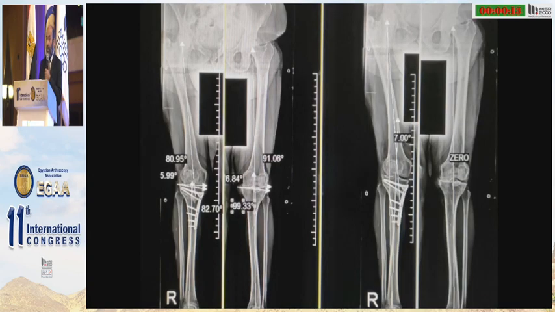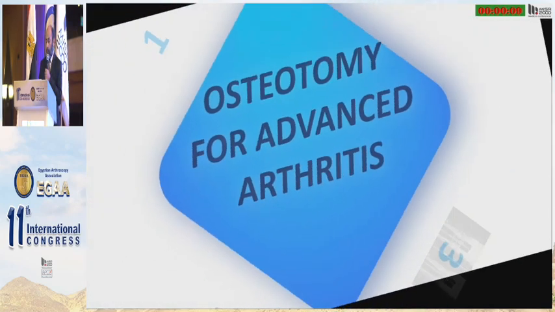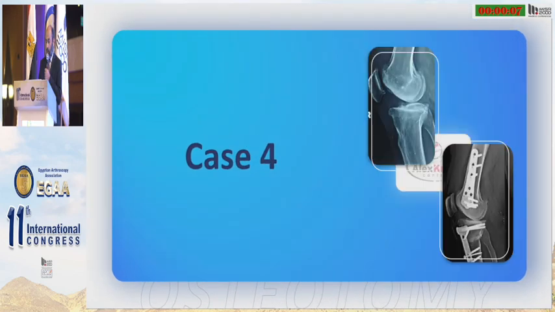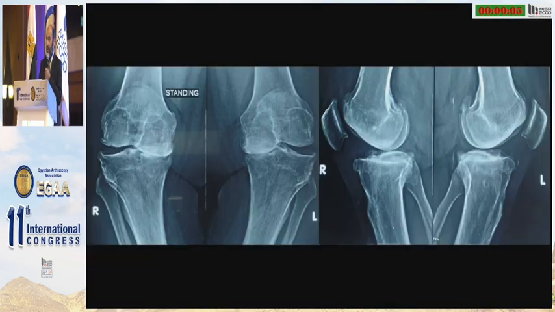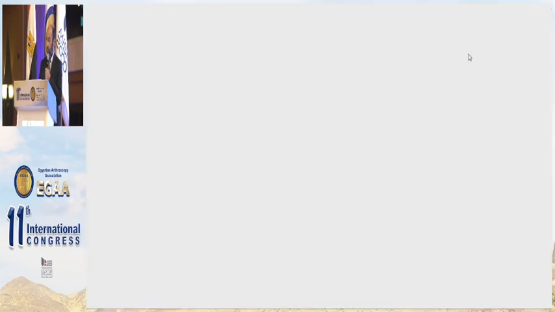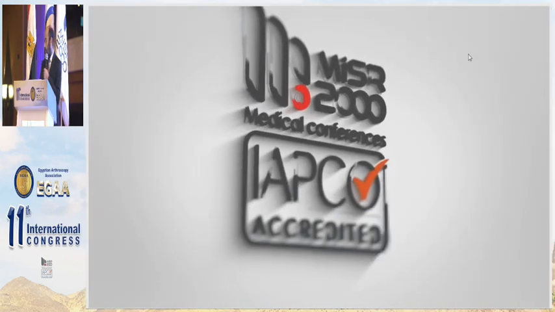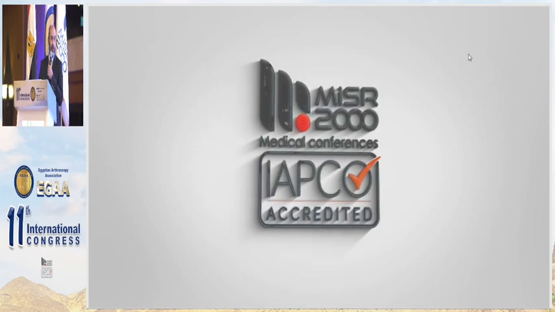He's happy. He's a manual worker. He's 41 years of age, and he's now active. The last patient is that one. He is 39 years of age, having that degree of arthritis and medial compartment of the knee for that degree of deformity.